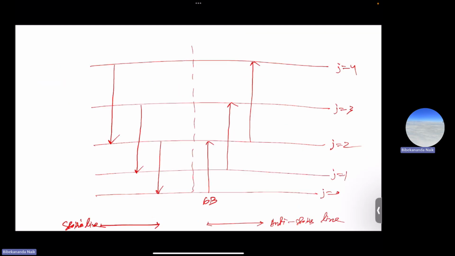So if you draw the lines, this is the central part, then 6B, 10B, 14B.